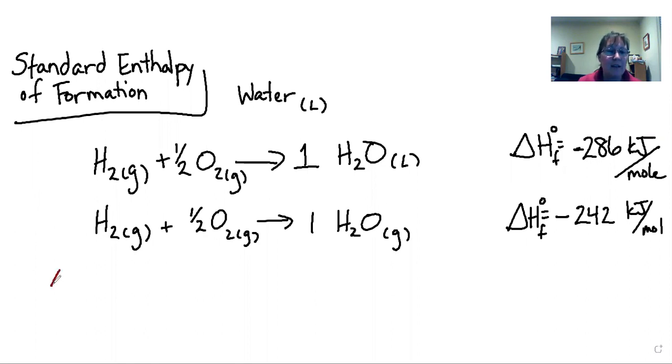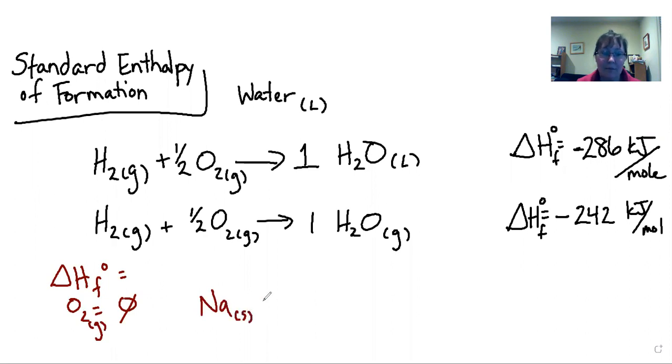So the standard enthalpy of formation for oxygen gas is 0. For sodium metal, that would be 0. For argon gas, that would be 0.